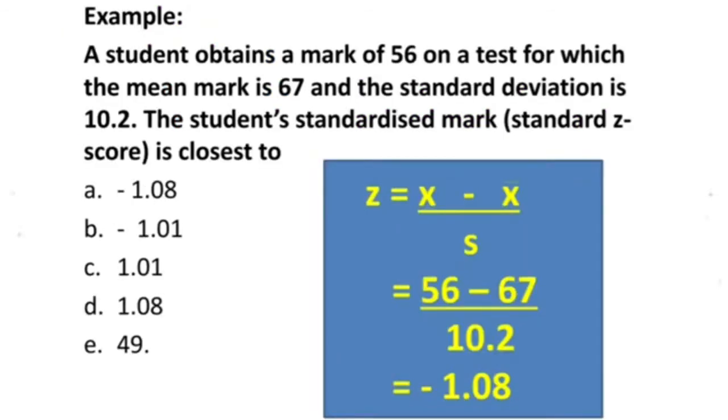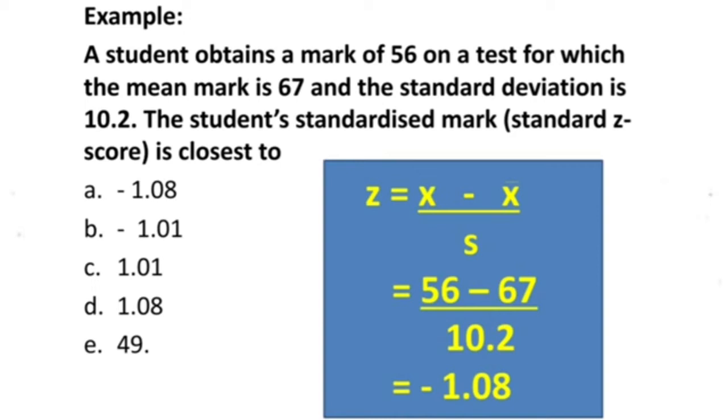So another example of z-score. A student obtains a mark of 56 on a test for which the mean mark is 67 and the standard deviation is 10.2. The student's standardized mark is close to A, negative 1.08, B, negative 1.01, C, 1.01, D, 1.08, and E, 49.